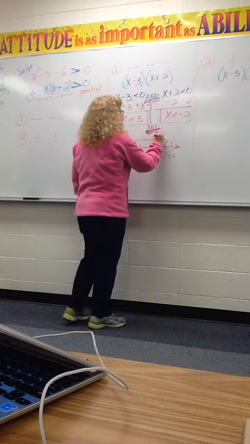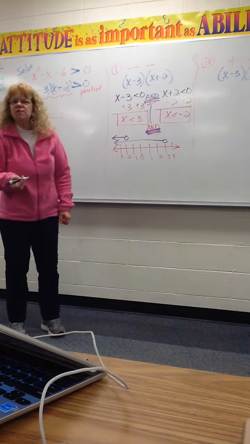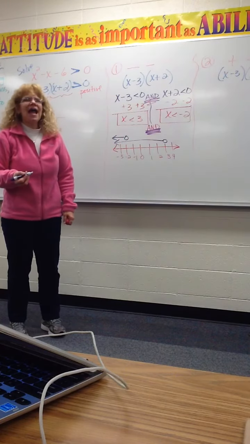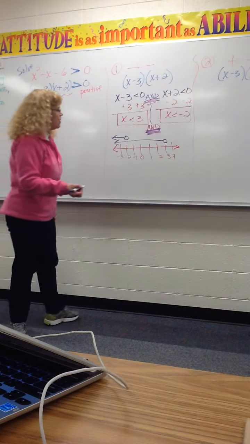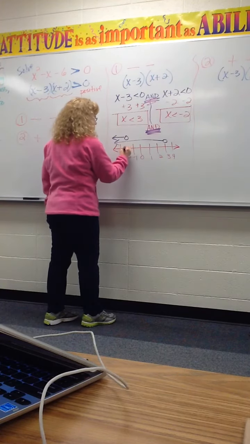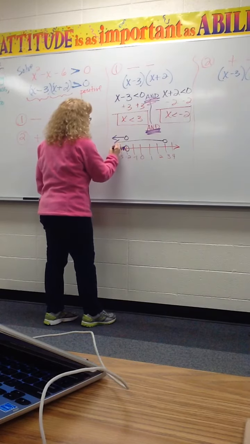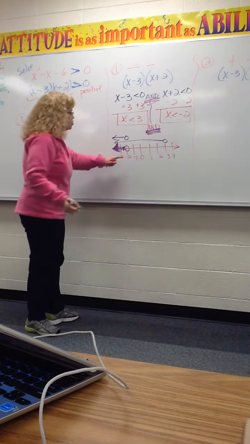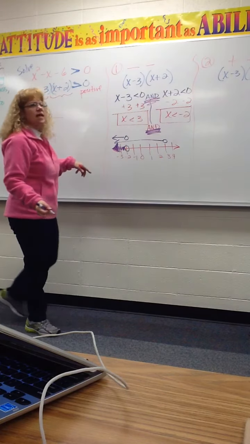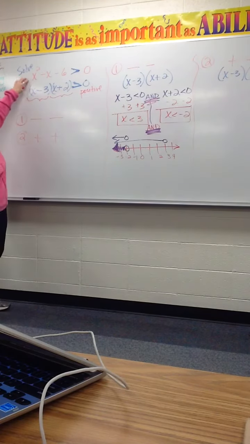But it's an and. Remember when we did ands before in chapter 2? And is where they both have to happen, right? Where do they both happen? Less than negative 2. Yes. So from negative 2 that way, that's where it would solve. So any number that we pick that is less than negative 2 will work in the thing that we started with.